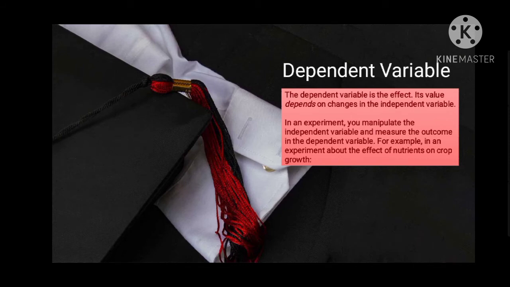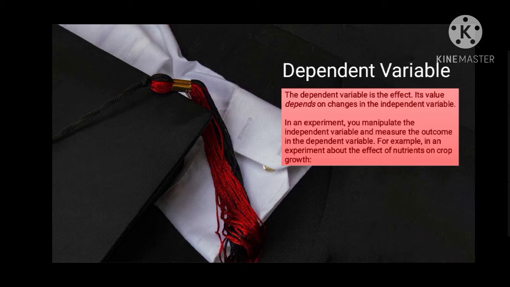Okay, next. The dependent variable is the effect. Its value depends on changes in the independent variable. So in an experiment, the experimenter manipulates the independent variable and measures the outcome or the results on the dependent variable. For example, in an experiment on the effect of nutrients on crop growth, the independent variable is the nutrients, or the given nutrients.